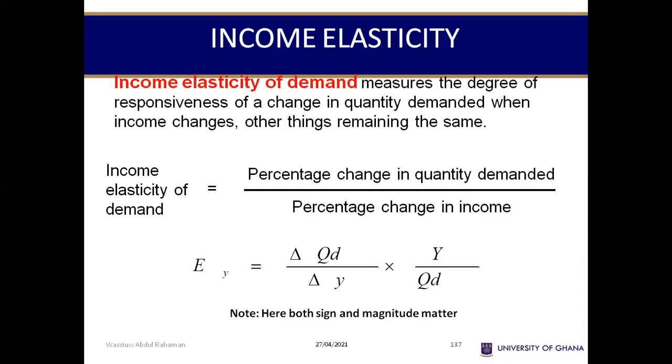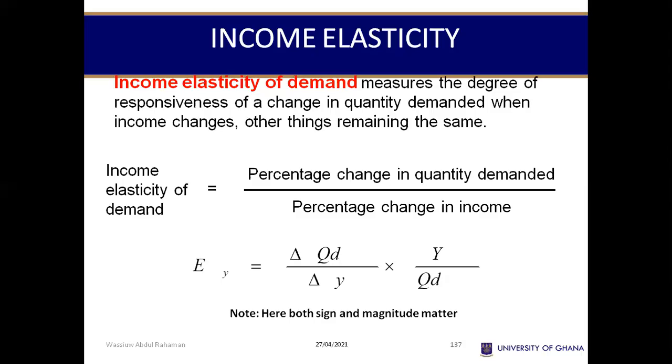It's measured using the formula you see on your screen. So income elasticity of demand can be obtained as the percentage change in quantity demanded divided by the percentage change in income. You can clearly see that in all three formulas, for own price elasticity of demand, cross price elasticity of demand, and income elasticity of demand, the numerator is always the percentage change in quantity demanded.